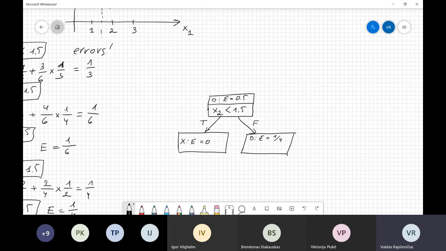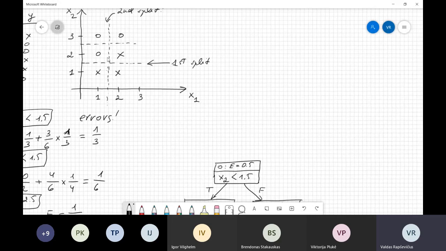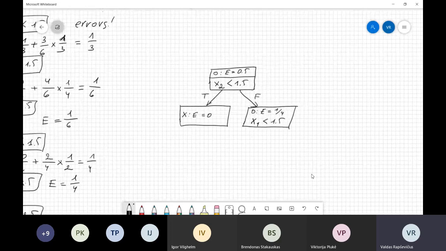Okay, but we do not stop here. We just split again. x1 less than 1.5, right? x1 less than 1.5. We split here, this upper branch. Okay, and what we land up at, so again, this is a true condition and a false branch, true and false.